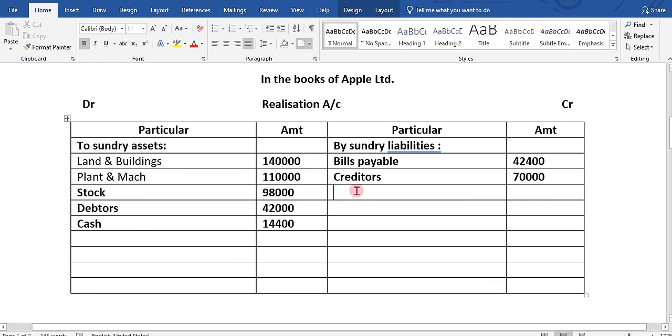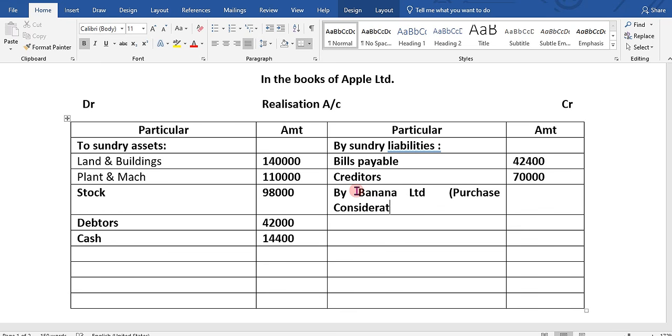Okay, so now the next entry in realization will be of purchase consideration. In the credit side of realization, you will write by Banana Limited, that is the purchasing company. Okay, name of the purchasing company. This entry is of purchase consideration. Amount of purchase consideration is 3,18,000.